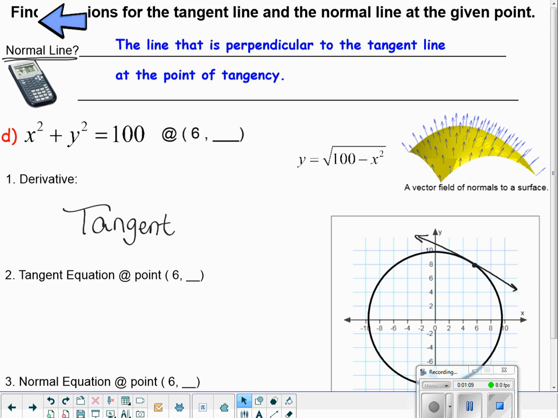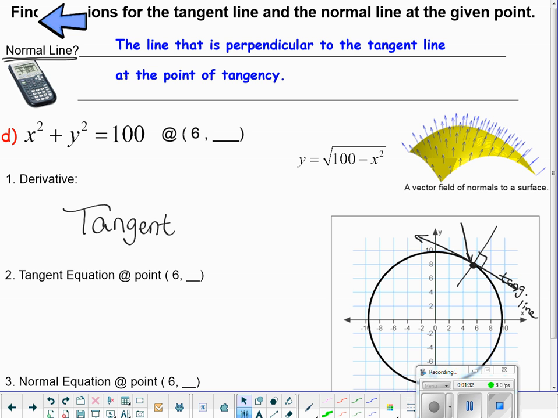So maybe you want to hit pause so that you can write that down, but I'm going to describe what this is. We talked about this as the tangent line, didn't we? Here's my tangent line. Now we just got this definition about a normal line. It's a line that runs perpendicular to the tangent line at the point of tangency.